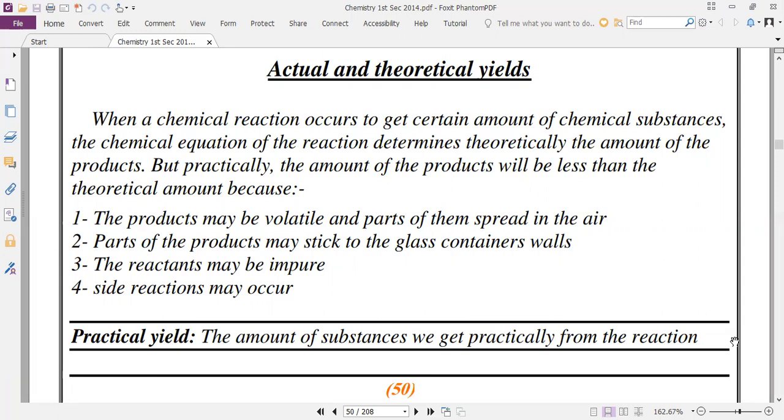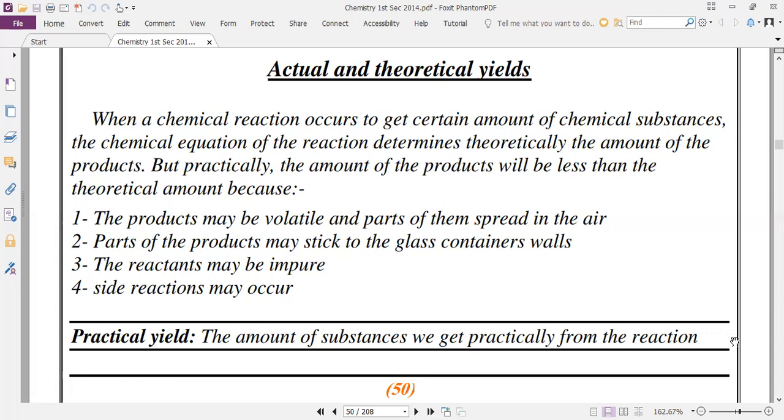Try to read the reasons why the amount of the product will be less than theoretical. Because the product may be volatile and parts of it spread in the air. Parts of the product may stick to the container wall. The reactants may be impure. Side reactions may occur.